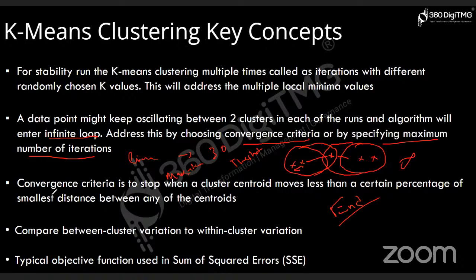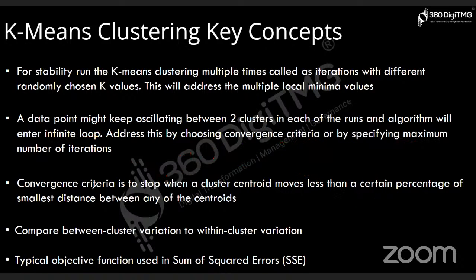I'll read through this. The convergence criterion is to stop when a cluster centroid moves less than a certain percentage of the smallest distance between any of the centroids. Then we also need to compare between-cluster variation and within-cluster variation, as I told you. This should be more, and this should be less.